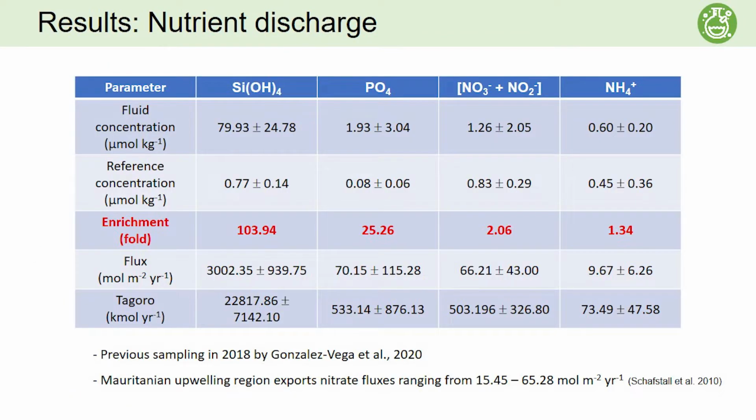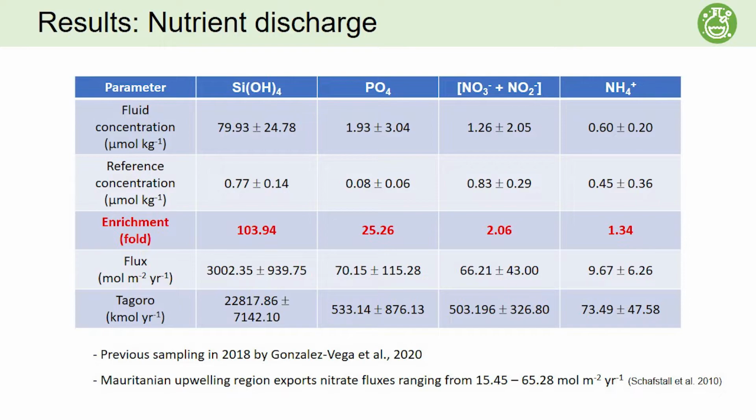Okay, yes, to finish, here we have the results for the nutrients. I'm not gonna get into detail, but here we have the concentrations that ALBA already estimated in a previous study. And we can say that they keep steady, so the Tagoro is producing a huge amount of nutrients.